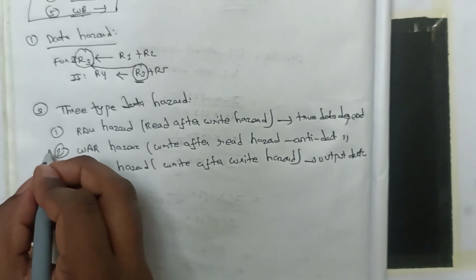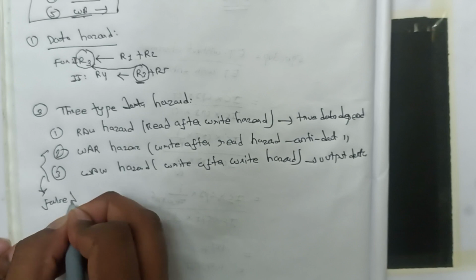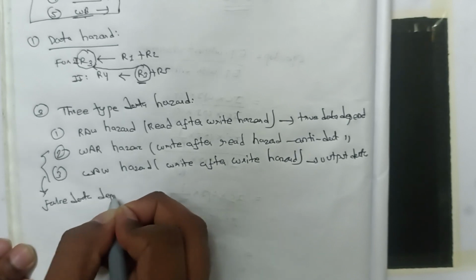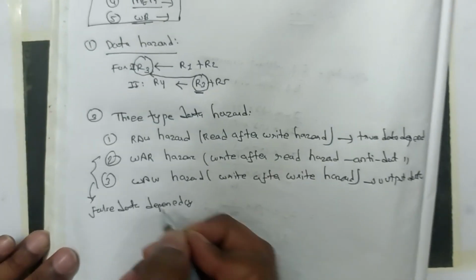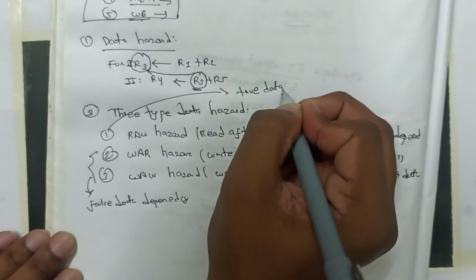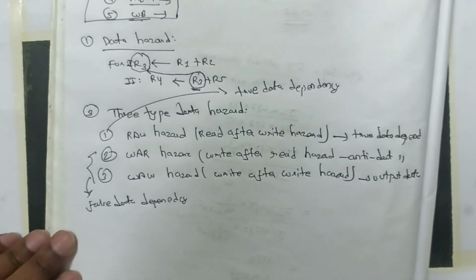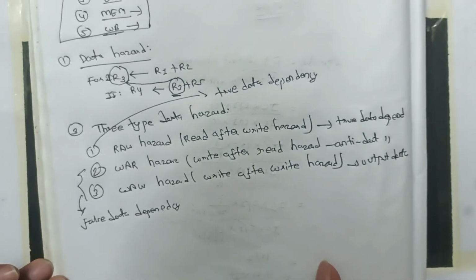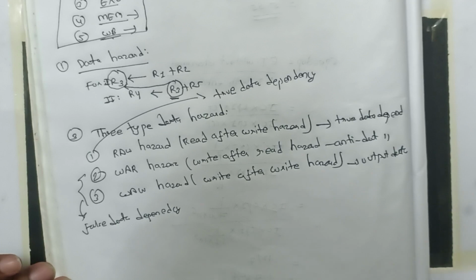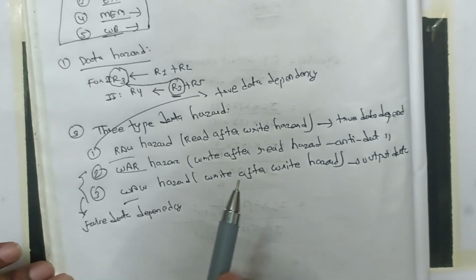WAR and WAW are also known as false data dependency, and RAW is also known as true data dependency. Sometimes the question is asked in the exam, find the true hazard or false hazard. Then you know what that means. True means RAW hazard and false means WAR and WAW.